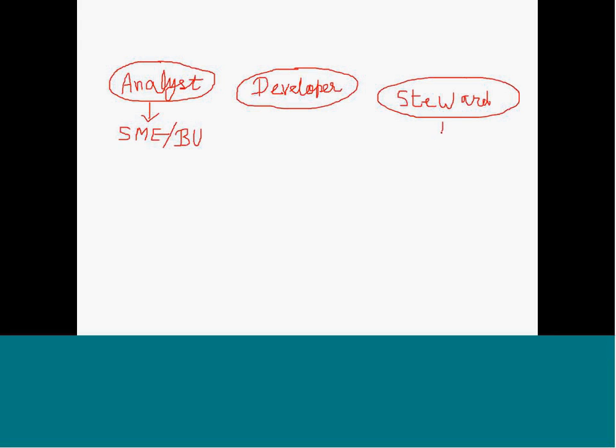The steward here, whom I typically call a data owner, knows the data very well. He is the one who owns the data. So he's a data owner and belongs to the analyst team. So we got a subject matter expert, that is a business user.